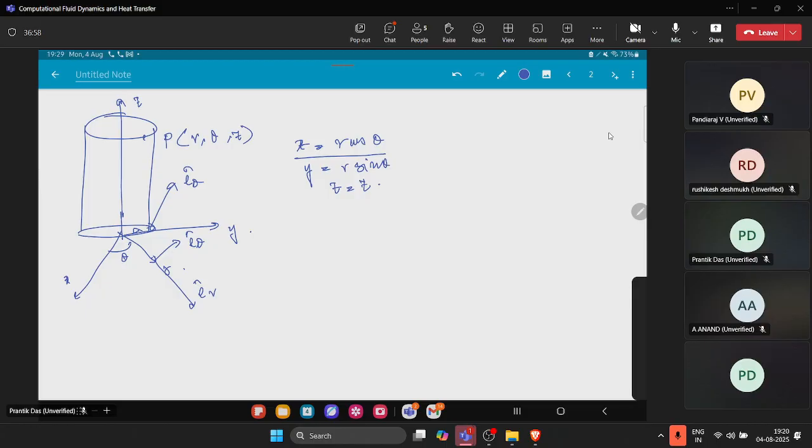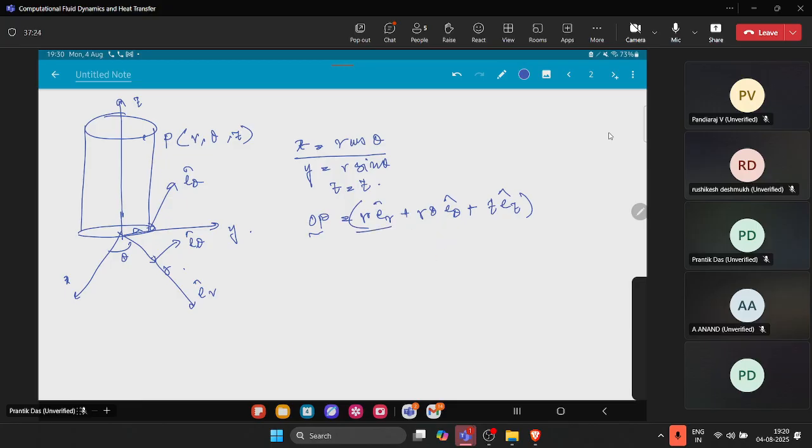So OP, if I want to write it in er, e theta and ez cap, can be written as r er cap plus r theta e theta cap plus z ez cap. So r theta, because the arc length is equal to r theta. This is in the theta direction, the distance we are traveling.